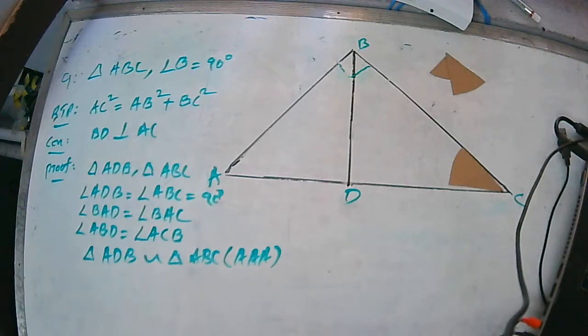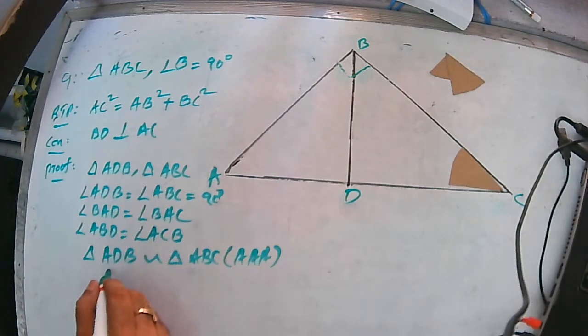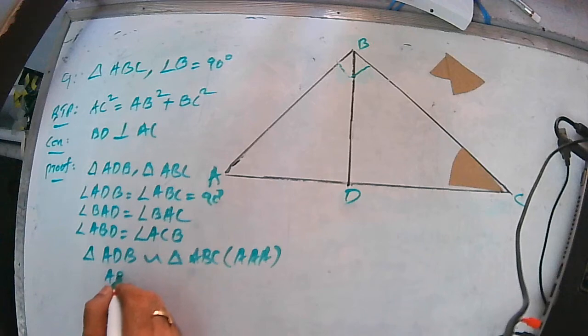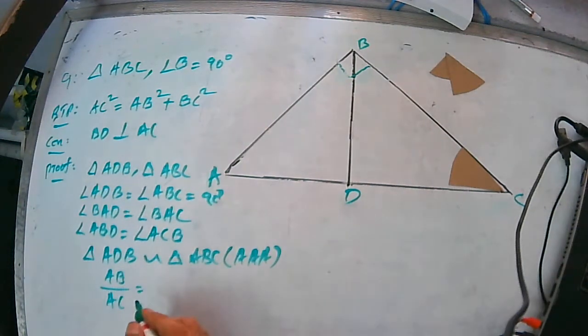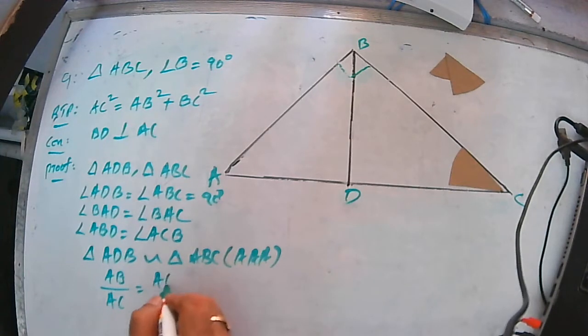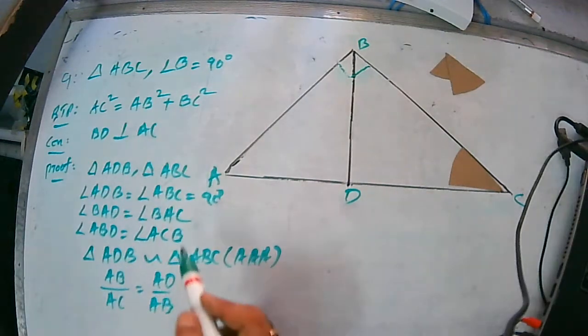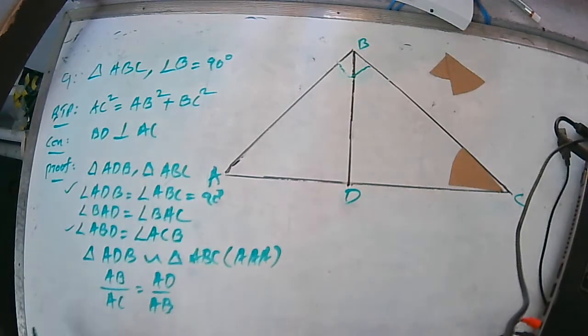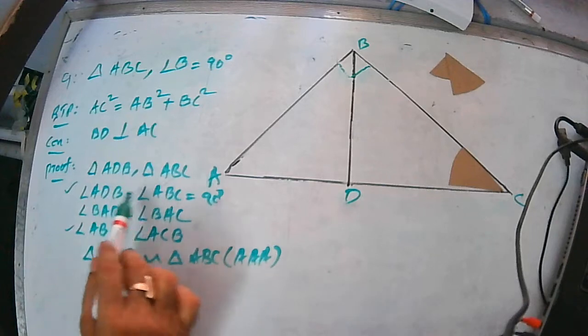So when two triangles are similar, the ratio of corresponding sides is equal. Therefore we can write AB by AC equal to AD by AB. We are taking the sides opposite to these two pairs of angles.